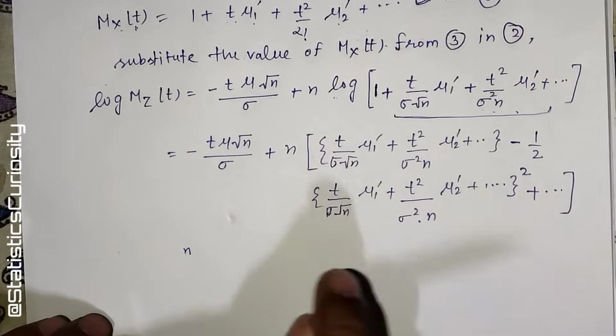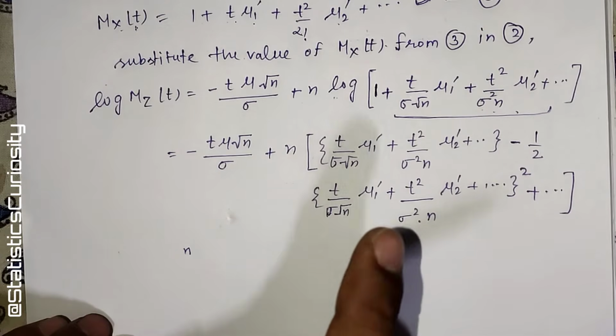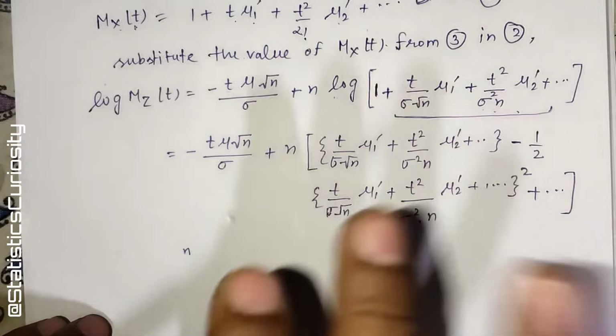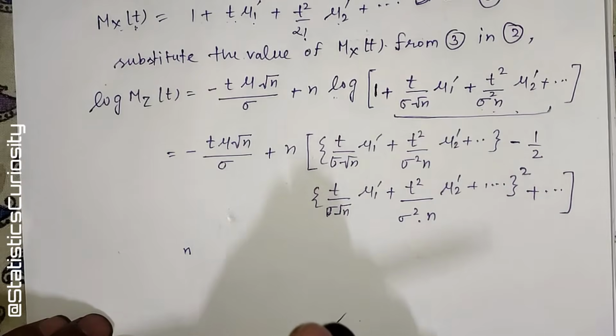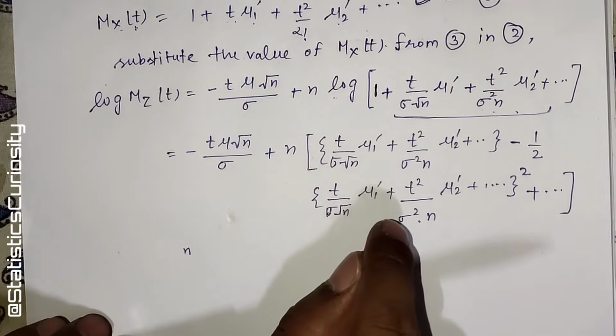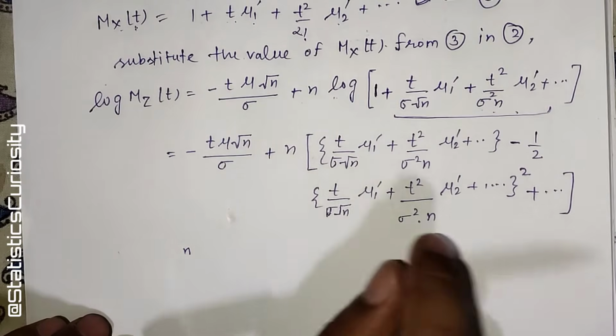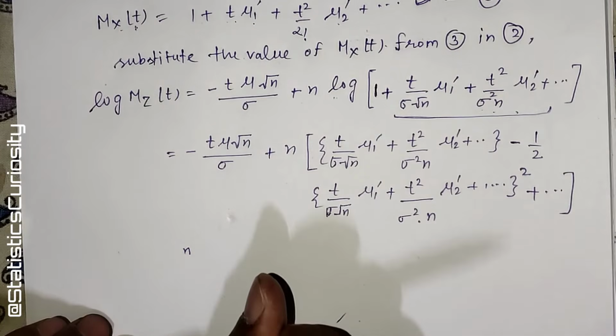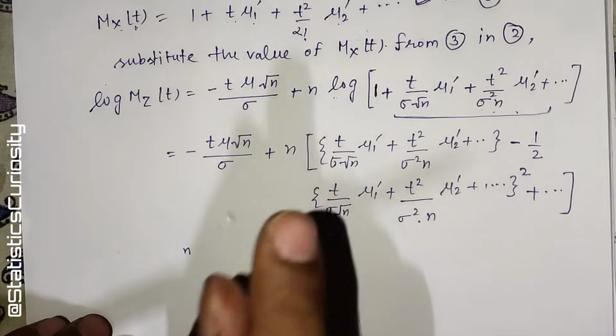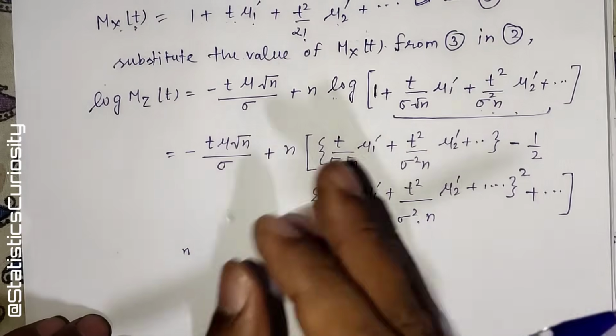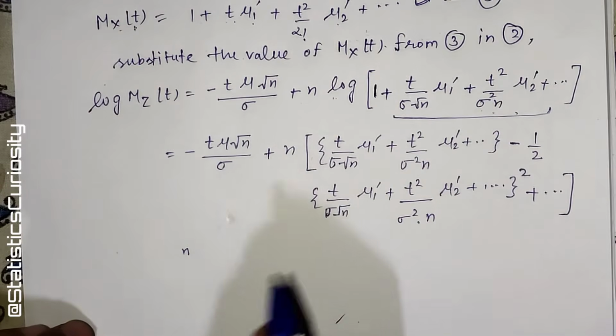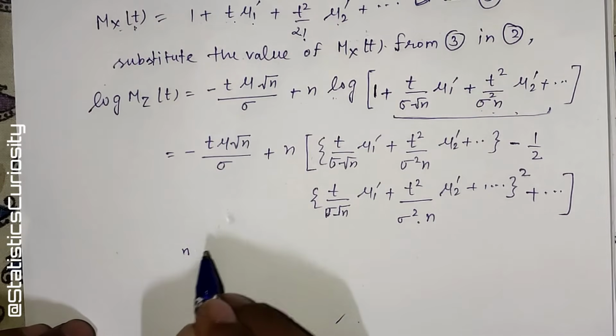So all the terms containing n in the denominator will go to 0. So we will only take those terms that do not have n in the denominator, or where the n cancels out between denominator and numerator.